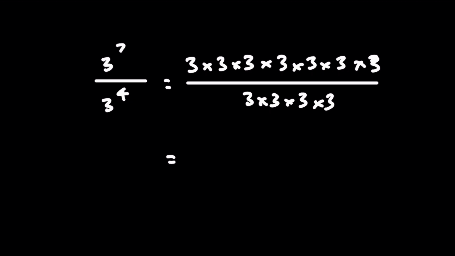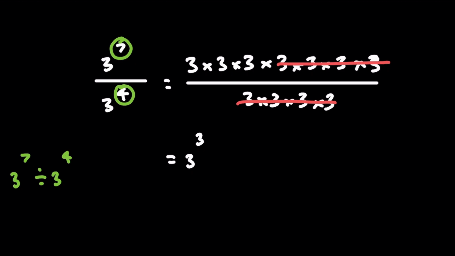And this simply simplifies because we know that 4 3's here cancel out with 4 3's on the top. And so we're just left with 3 times 3 times 3, which is also 3 to the power of 3. So what I'm really doing here is I'm just minusing away the indices. So if I have 3 to the power of 7 divided by 3 to the power of 4, this just becomes 3 to the power of 7 take 4.